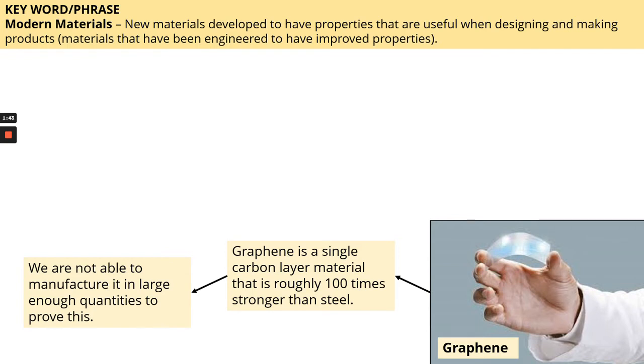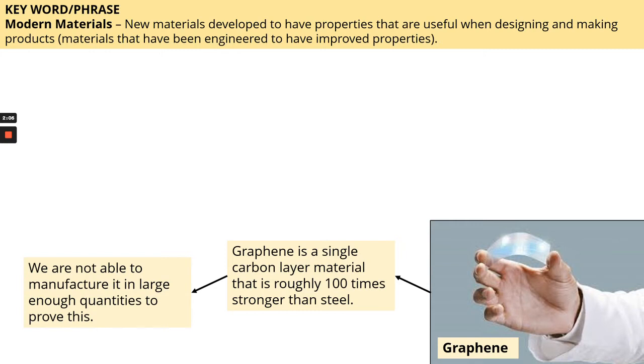But unfortunately, it's a bit of a pie in the sky material because we're not able to manufacture it in large enough quantities to use in larger scale items or products, and it's very expensive to manufacture. It's only something that we can manufacture within a lab in very controlled small scales.